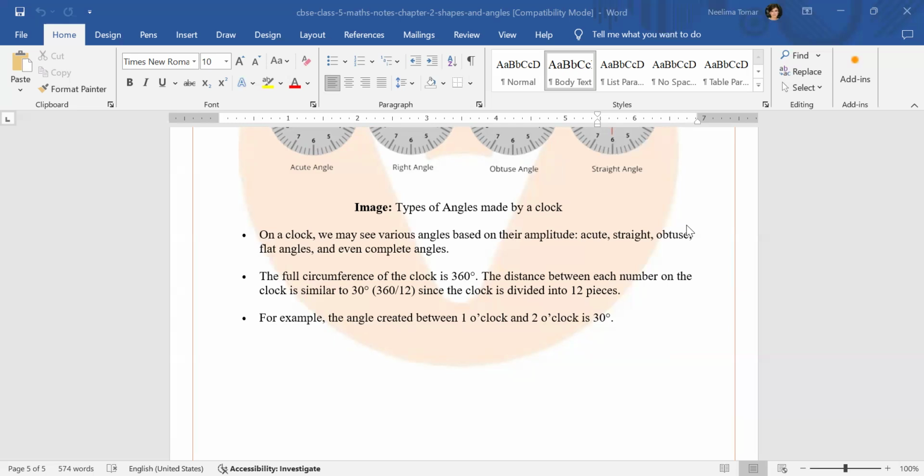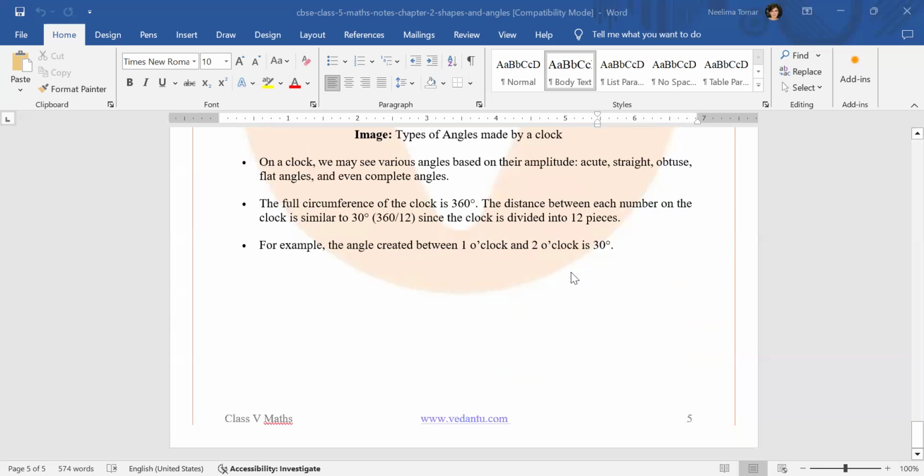So 360 divided by 12, since the clock is divided into 12 pieces. For example, the angle created between 1 o'clock and 2 o'clock is 30 degrees. So this is how we measure angles while we are looking at the clock.